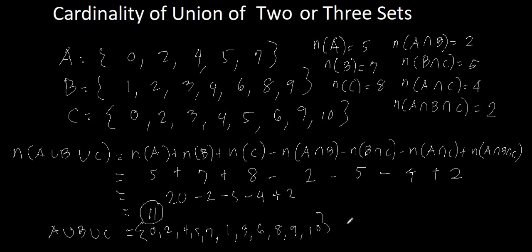Okay, now let's determine the cardinality of A union B union C by counting the elements. Let's see if we can get 11. 1, 2, 3, 4, 5, 6, 7, 8, 9, 10, 11. Okay, perfect.